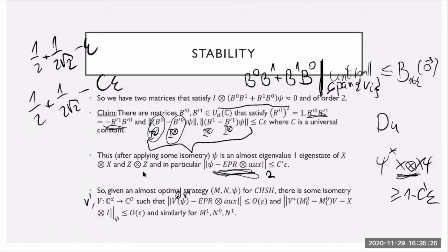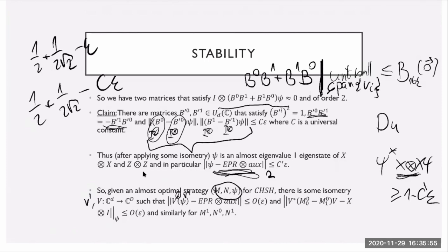So in conclusion, we saw that you can start with an almost optimal strategy. You can take some isometries, you maybe enlarge the space, and the only point where we enlarged the space was replacing the POVMs with PVMs using Naimark's dilation. So we changed the fact that we use positive operator valued measures, and we now use projective valued measures.